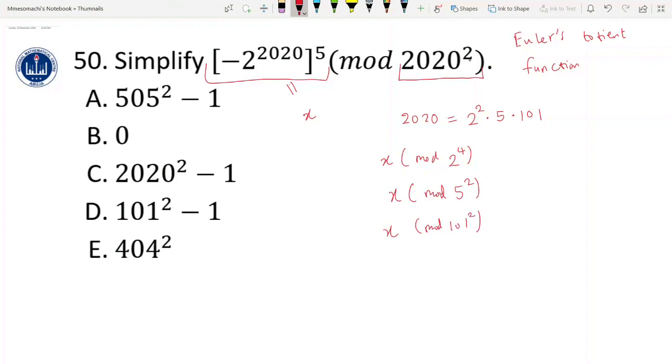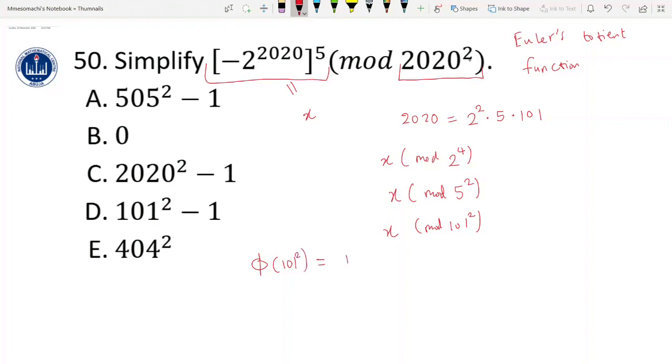Okay. So now let's start with this. We have that phi of 101 squared, that's basically the number of integers relatively prime to 101 squared less than it, because we have 101 squared here.